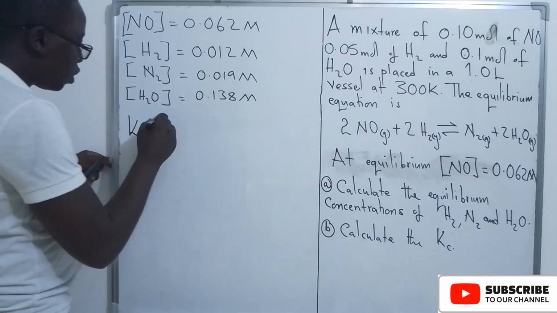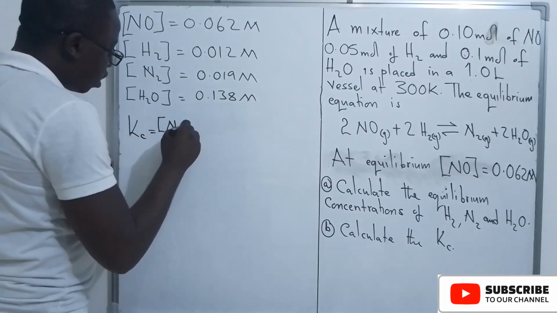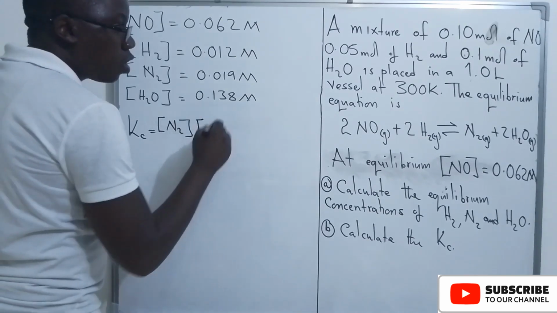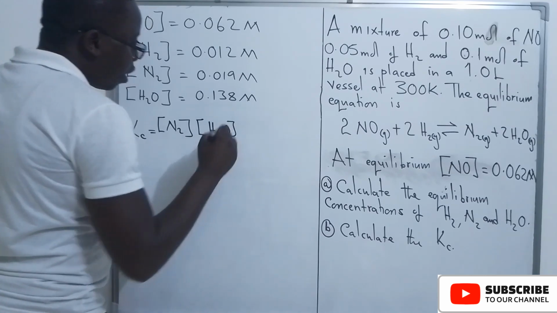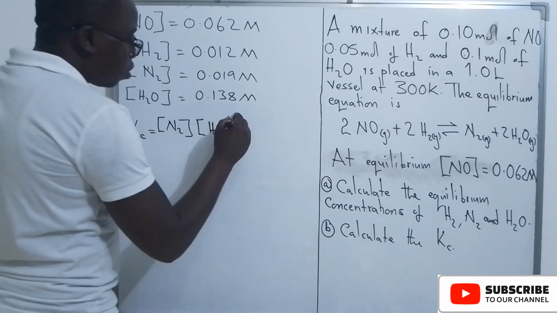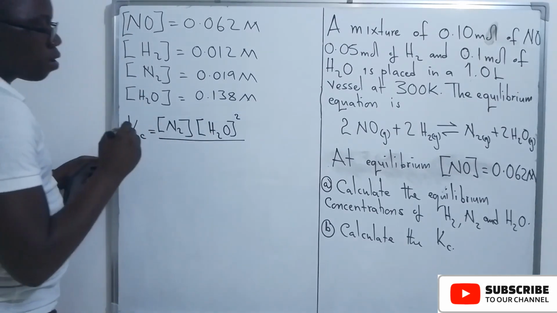So the equilibrium expression is equal to the concentration of nitrogen multiplied by the concentration of water. In the balanced equation, the coefficient of water is 2, so this will be to the power 2. Then divide by the reactants.